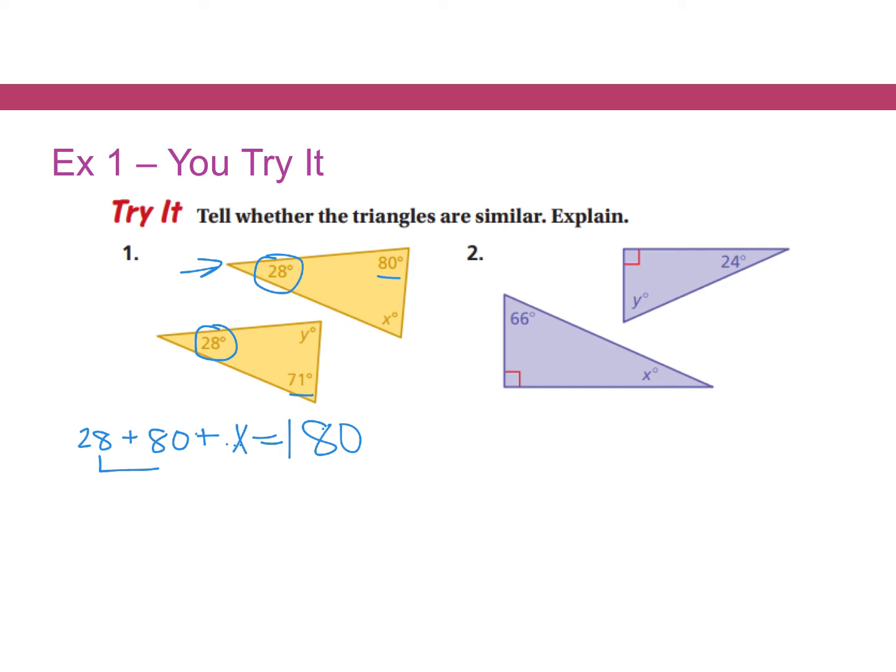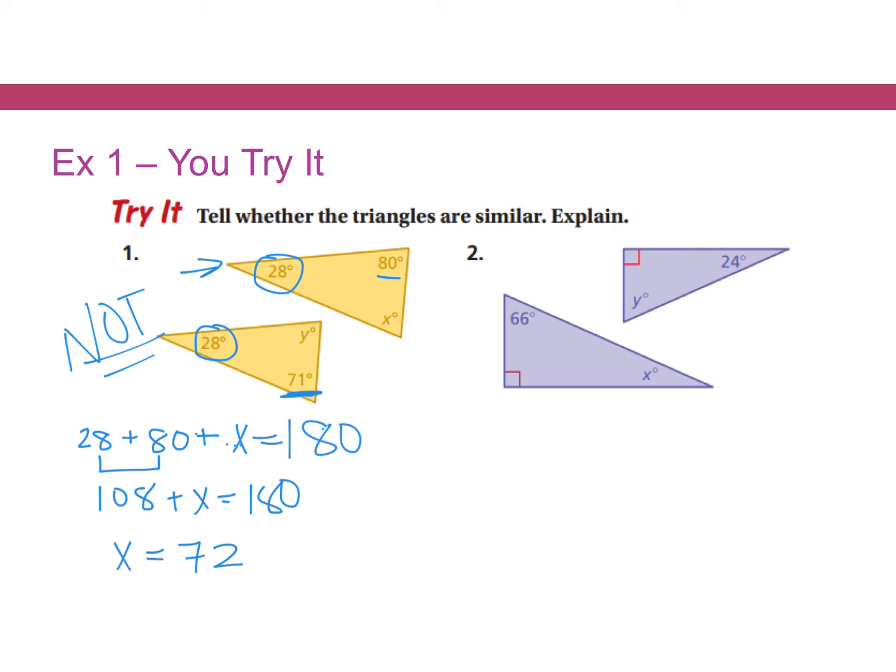When I collect my like terms, I get 108 plus X equals 180. If I subtract 108 from 180, I get X equals 72. Notice in this other triangle I have an angle of 71. Because 71 is not the same as 72, that tells me that these are not similar triangles.